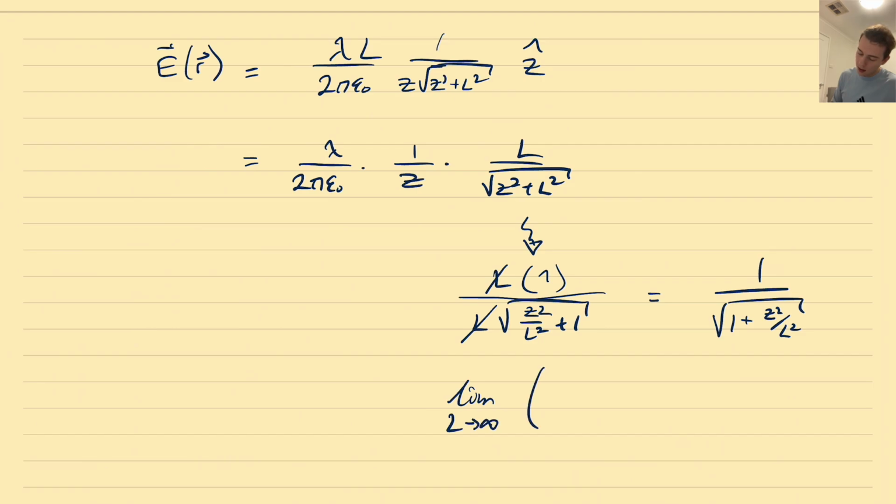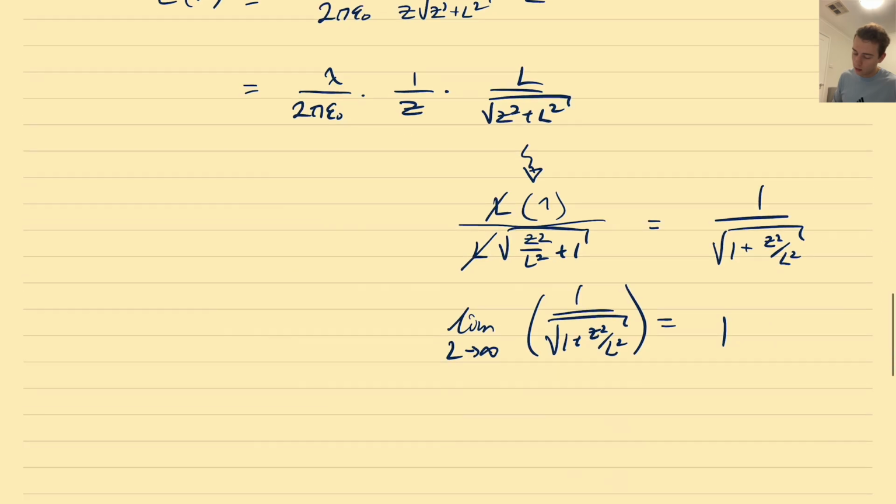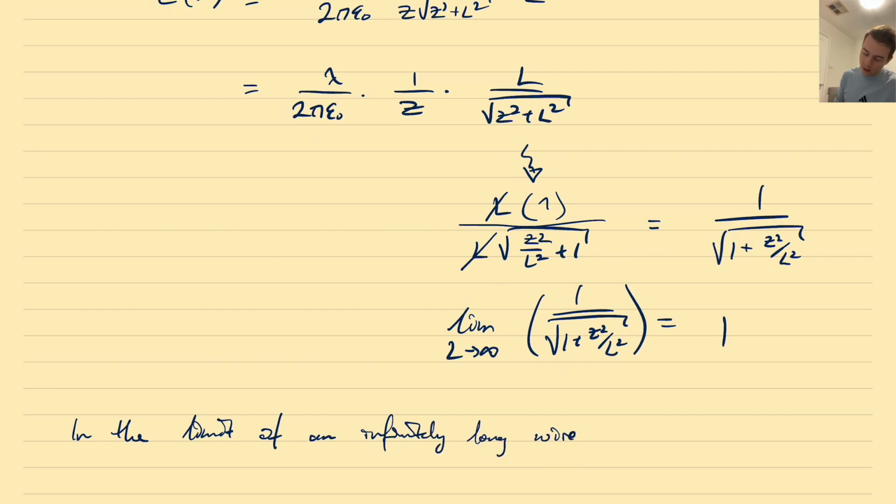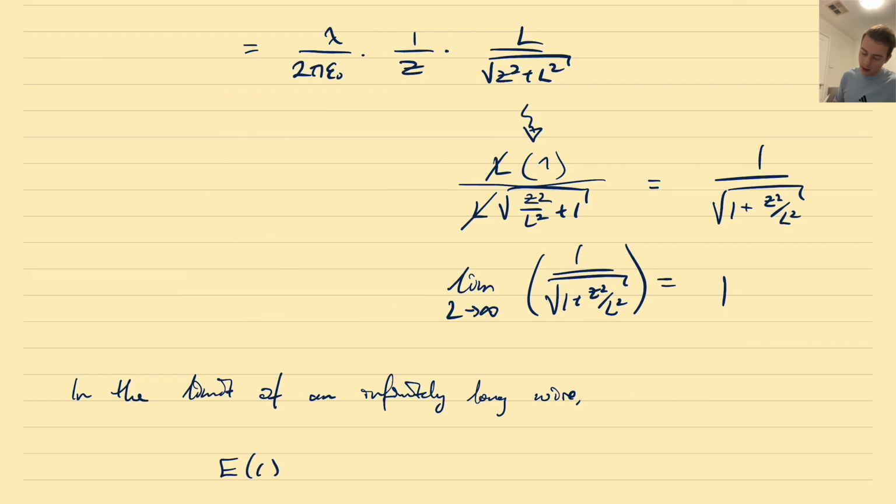In the limit as L goes to infinity, what happens to that expression? Well, it's just 1. So in the limit of an infinitely long wire, we find that the electric field points solely in the z direction.